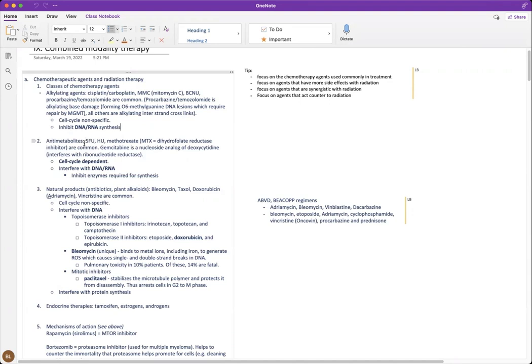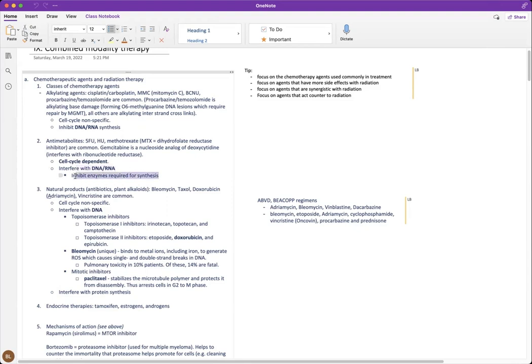Anti-metabolites are cell cycle dependent. That might make sense because it's doing stuff with nucleosides. Anyways, this interferes with DNA, RNA.